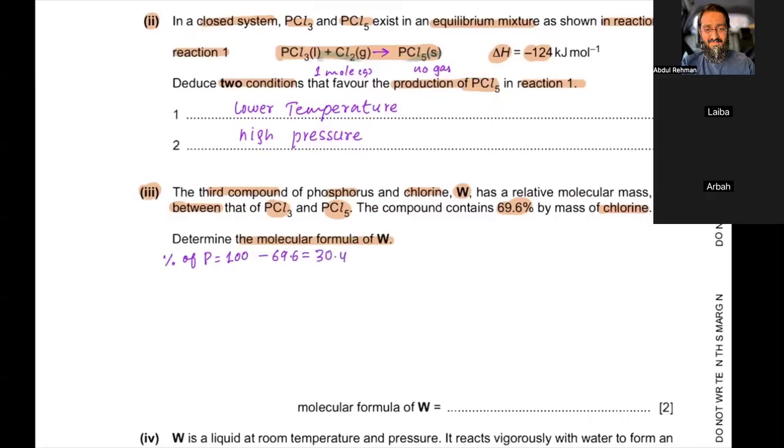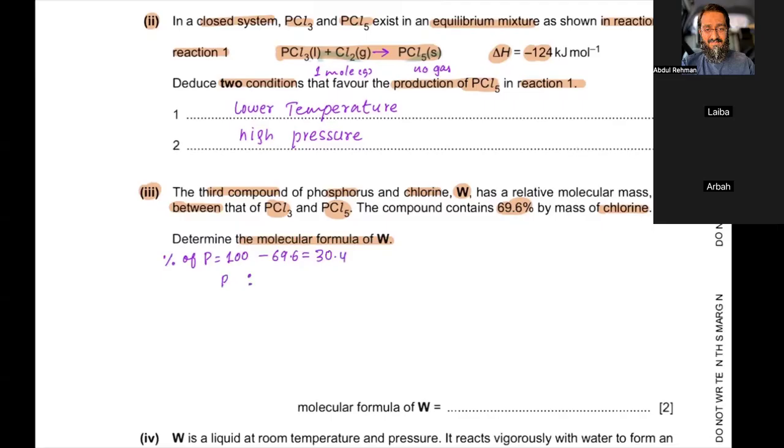So we got the percentage of phosphorus, right? Now we are going to calculate its empirical formula with the help of mole ratio.